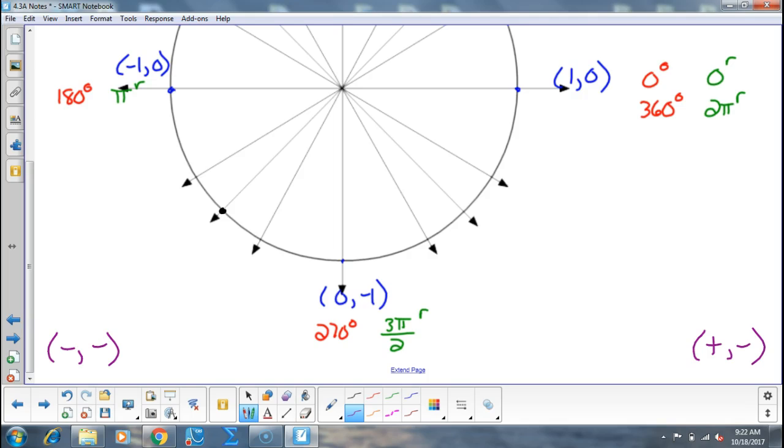So the coordinates are fantastic. Okay. Degrees, 225. Radians, what do you got? 5 pi over 4.